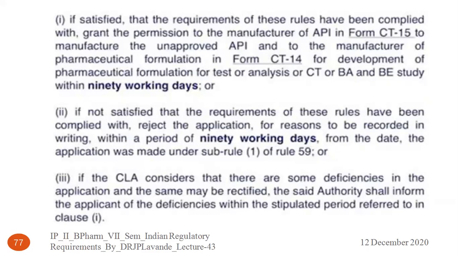So the application for unapproved API is in Form CT13, and the grant of permission is in Form CT15, right?